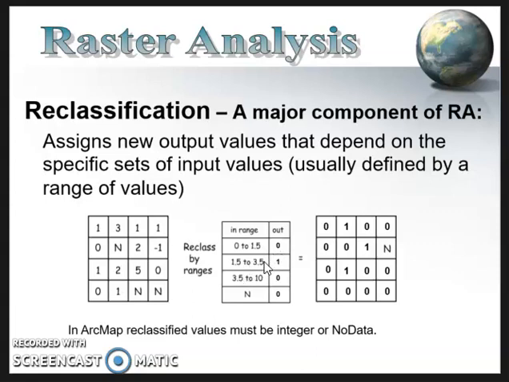Anything 1.5 to 3.5 is a 1. 3.5 to 10 is also a 0, and no data is also a 0. Once you reclassify, your resulting output layer is going to look something like this in its grid. And again, remember in ArcMap, reclassified values must be an integer or no data.